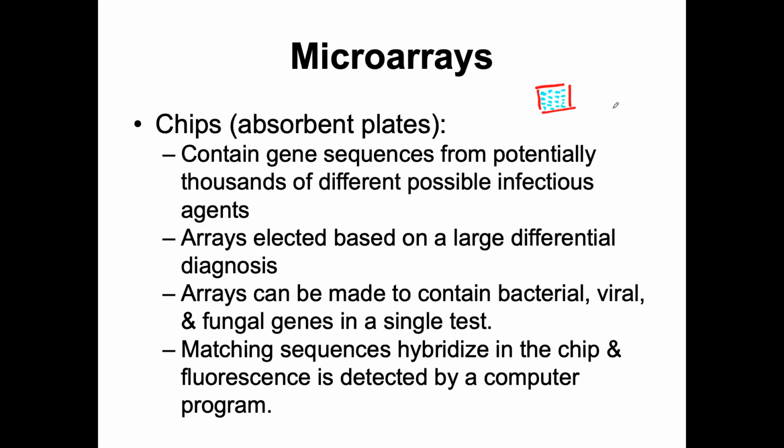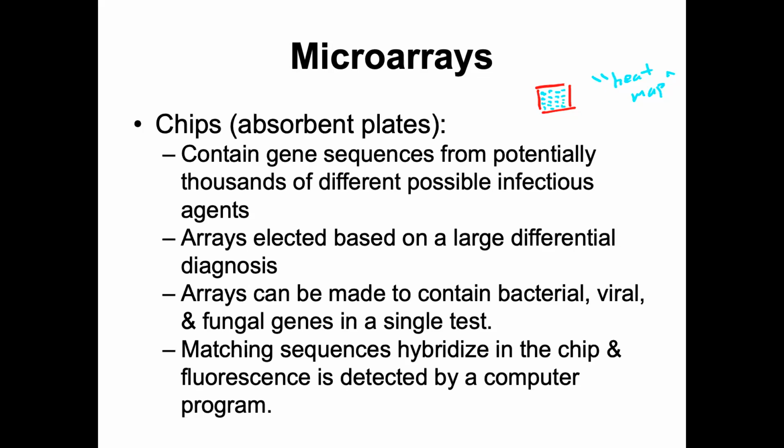If it binds some of these probes and we hit it with a laser, a particular color will be generated. If it doesn't bind the probe, a different color will be generated. The colloquial term for that is generating what's called a heat map. The areas that are hot are the areas that have probes that are homologous, meaning the same information is there as is in your sample, and you can determine what your sample is.